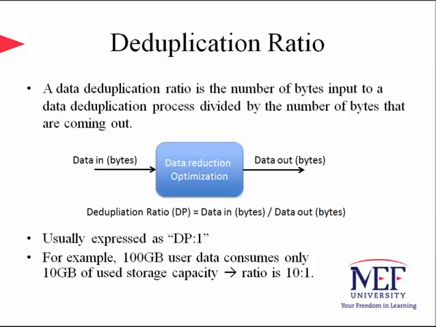For instance, if the raw data consumes 100 gigabytes of user data and after deduplication it consumes only 10 gigabytes of data, then the ratio will be expressed as 10 by 1. I hope that with this example it's obvious what deduplication ratio means and how we express it.